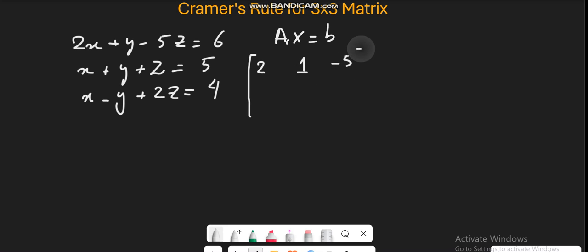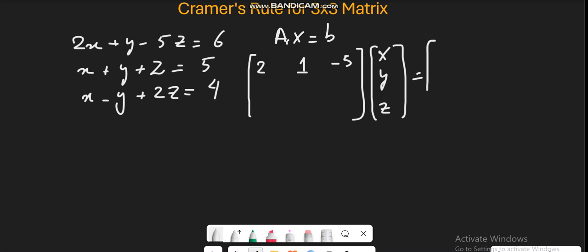This is from the first equation that I have obtained, and here we will keep multiplying with the variables x, y, and z. The first equation is equal to the constant 6. The second row is 1, 1, and then 1. And the last row will be 1, minus 1, and then 2.